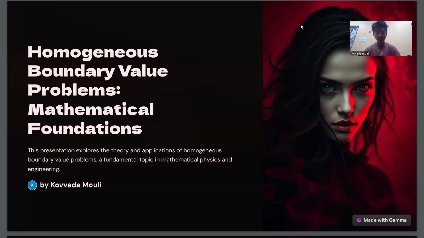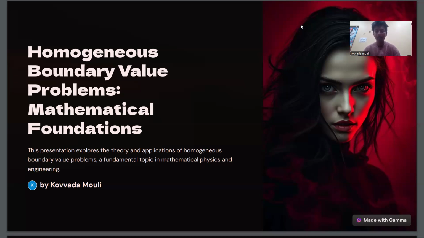These problems arise in various areas of mathematics and physics, particularly in partial differential equations and ordinary differential equations. Below, we explore their mathematical foundations in detail.